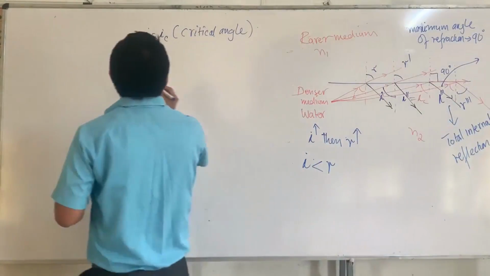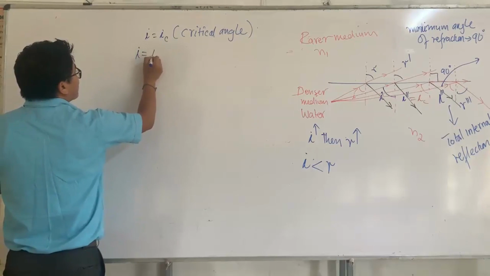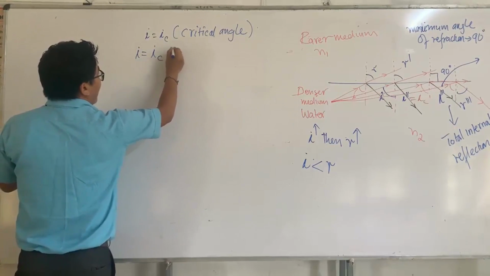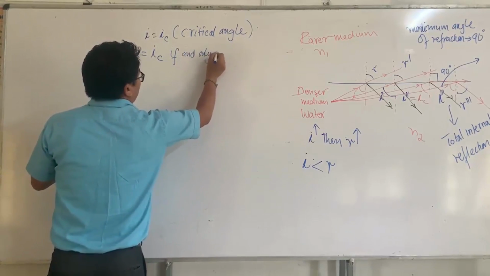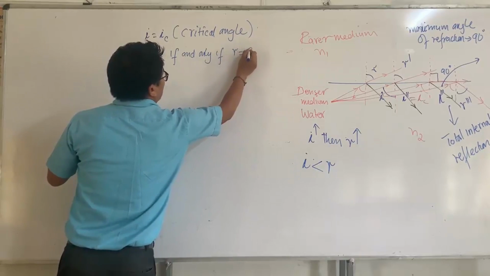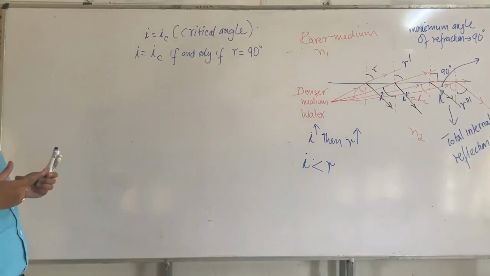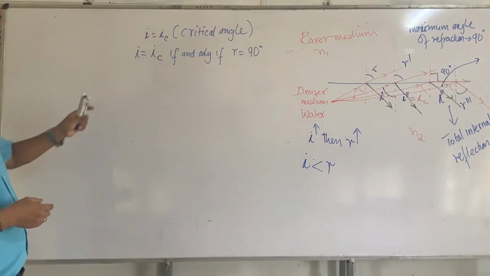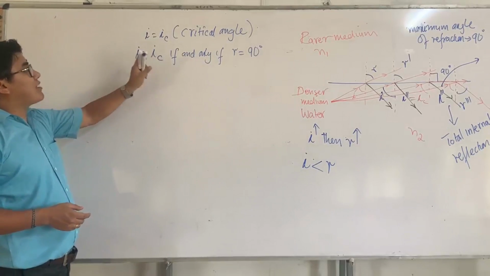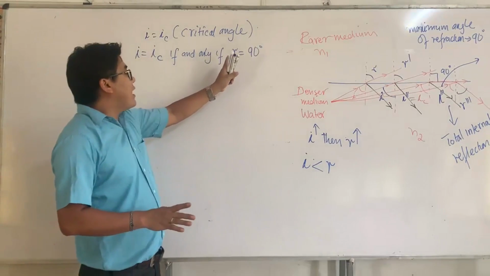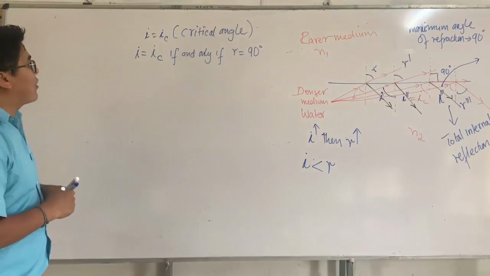So I define it now, very simple: angle of incidence is equal to critical angle if and only if R is equal to 90 degrees. R is the angle of refraction. So if the angle of incidence is equal to the critical angle, the condition satisfied should be that the angle of refraction must be 90 degrees. So this is the point.